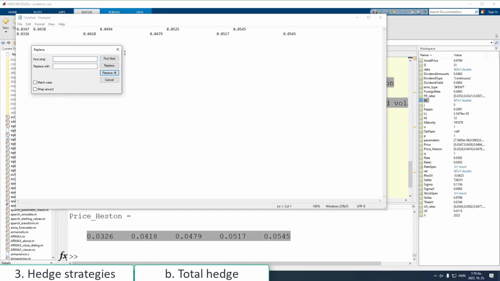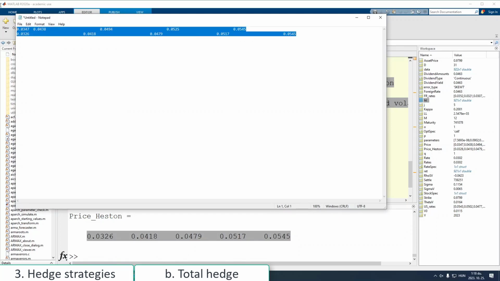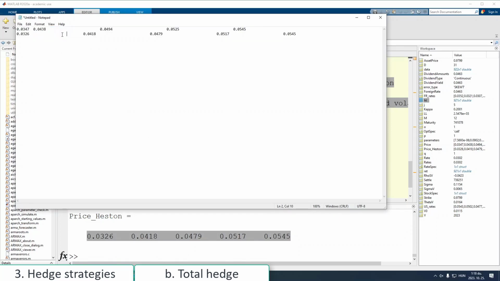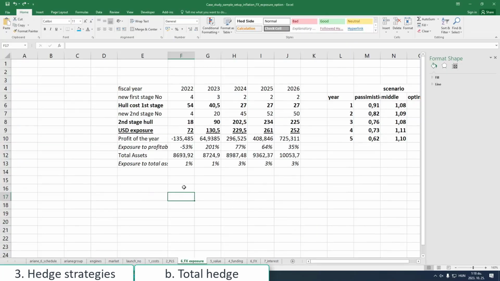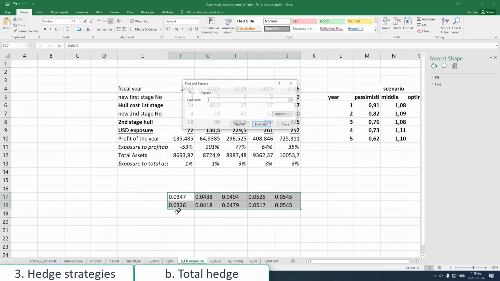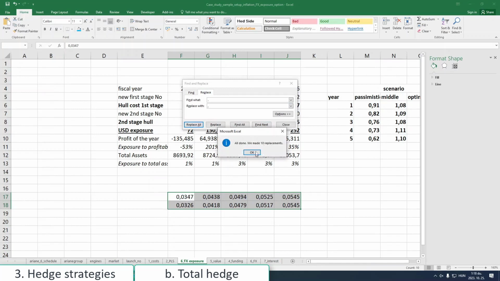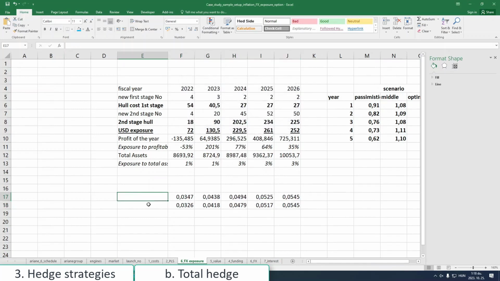Replace all spaces. Oh my, it was more than one space. So remove the excess spaces or excess tabs. Okay, so now we can copy them here, and they are behaving nicely because Excel always recognizes tabs.